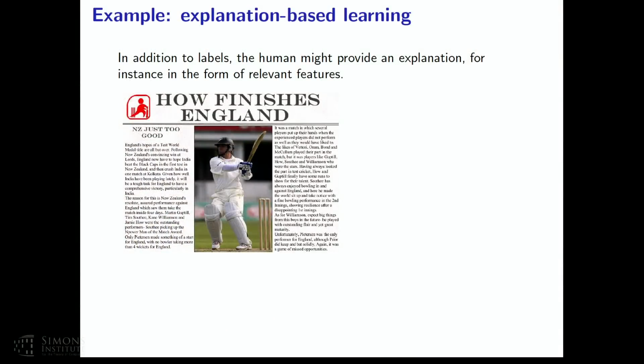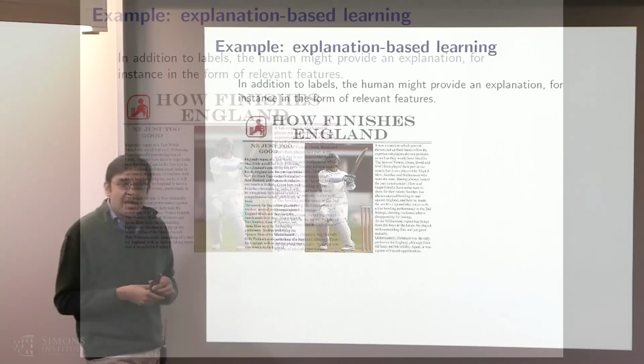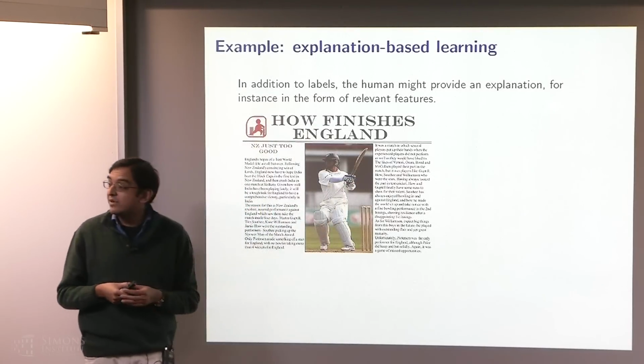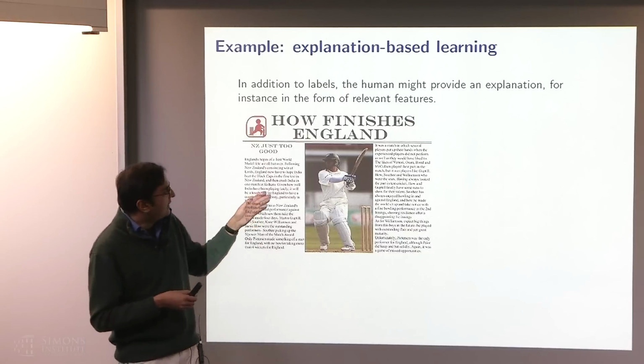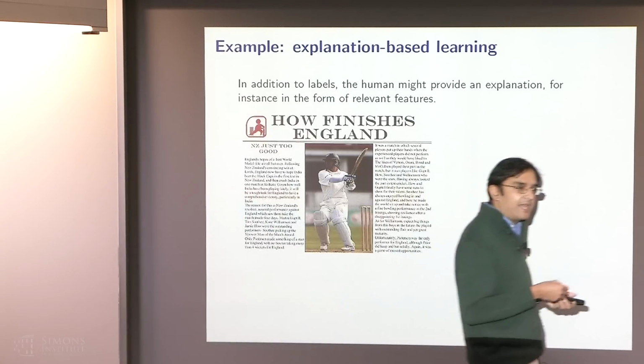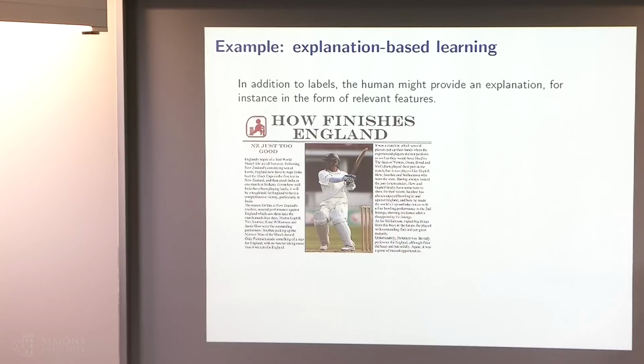But if the labeler has gone to the trouble of skimming the document, it's almost no additional effort to also highlight a few words that are highly predictive of that label, like cricket or batsman or umpire. This is very little extra effort, and it could make a huge difference for example in feature selection in a high-dimensional space.